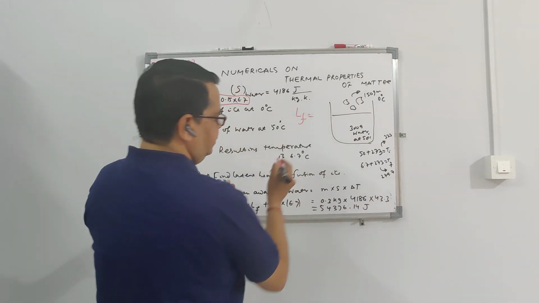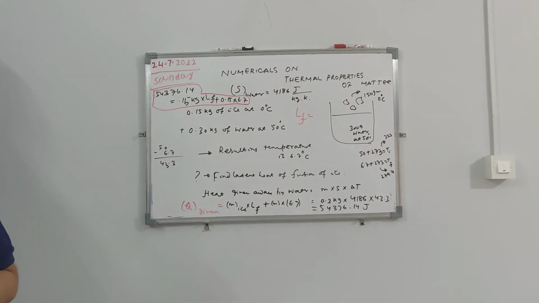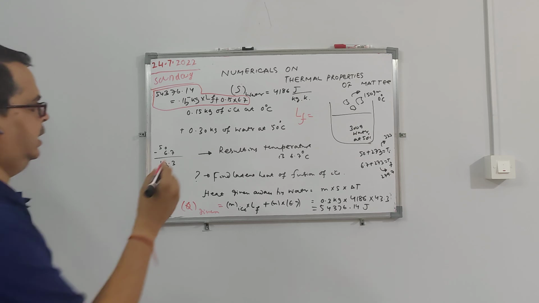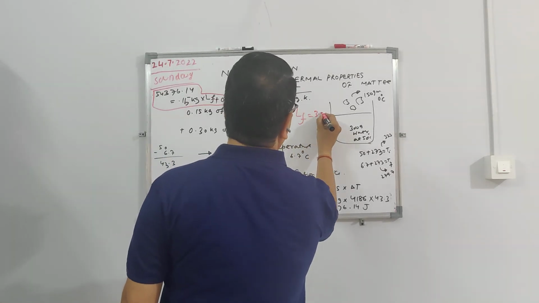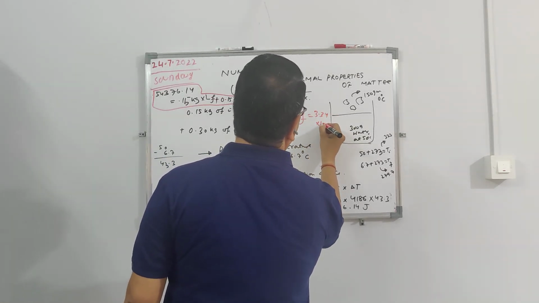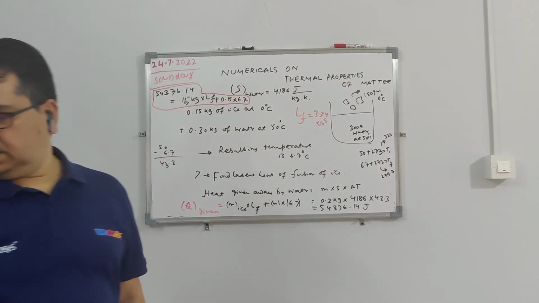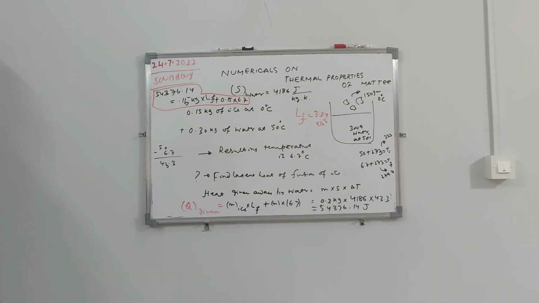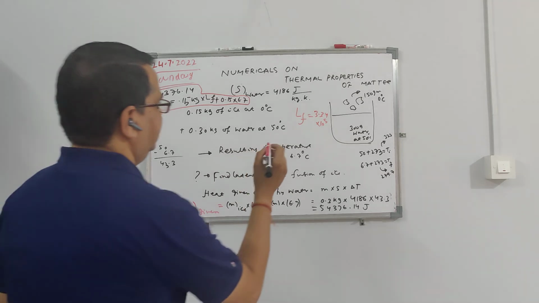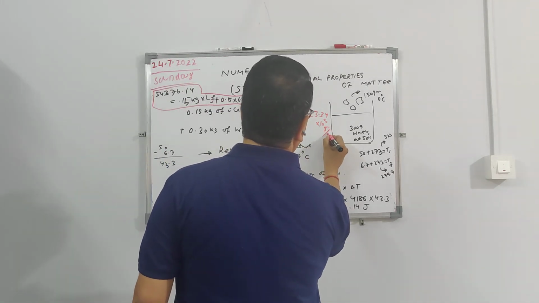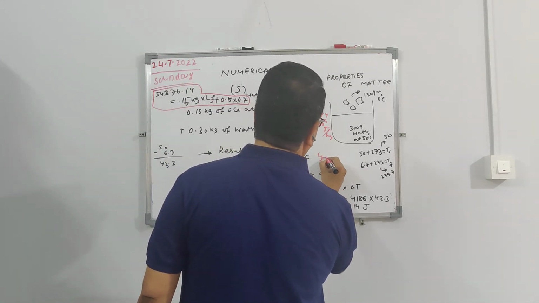If you solve it, you will find LF to be 3.34 into 10 to the 5 joule per kg. Latent heat unit is joule per kg.